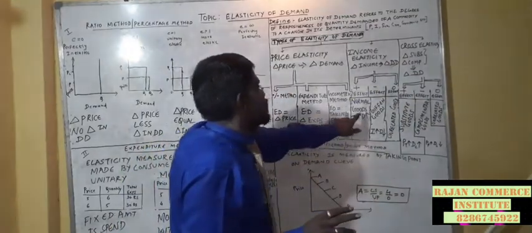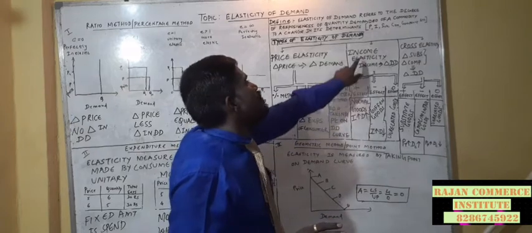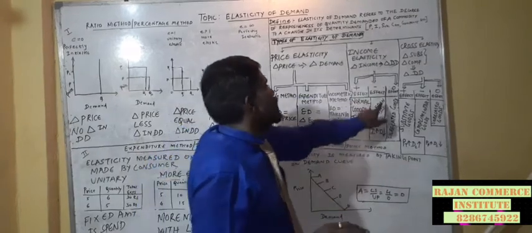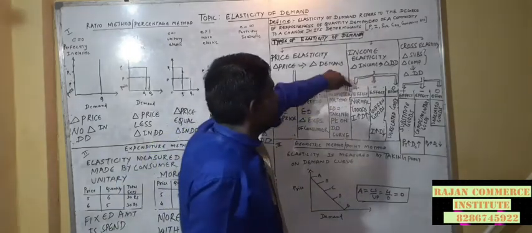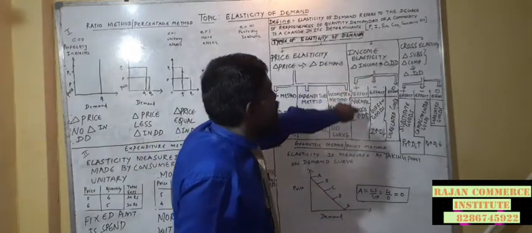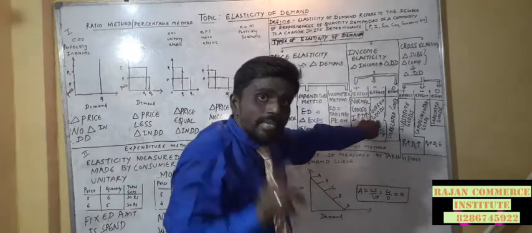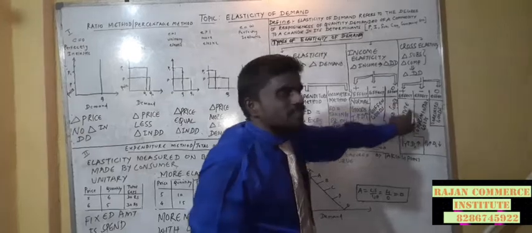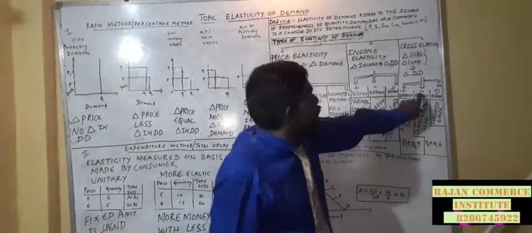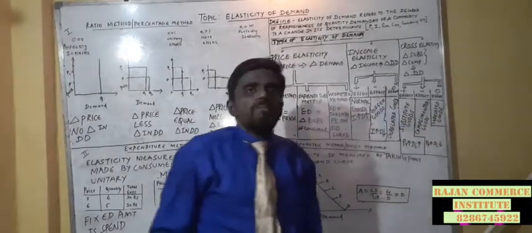In income elasticity, the positive effect is seen in normal goods and the negative effect is seen in inferior goods. And in cross elasticity, the positive effect is seen in substitute goods and the negative effect is seen in complementary goods.